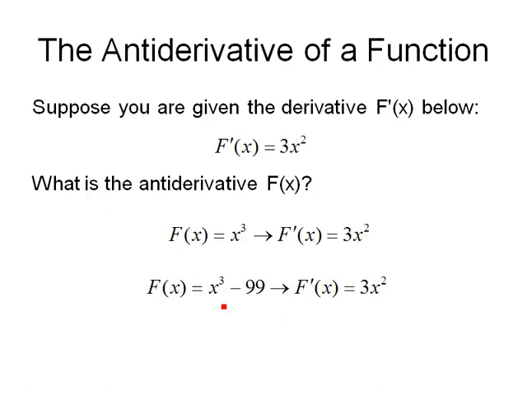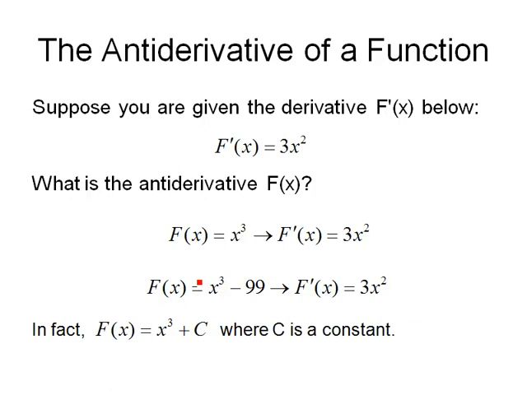X cubed minus 99, the derivative of that is also 3x squared. So in fact, we have all of these functions whose derivatives are 3x squared. In fact, any x cubed plus some constant is going to give that exact same derivative 3x squared. So when someone asks you to find the antiderivative of 3x squared, you're going to get many different possibilities.